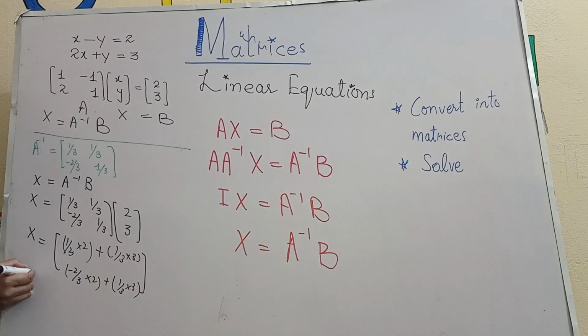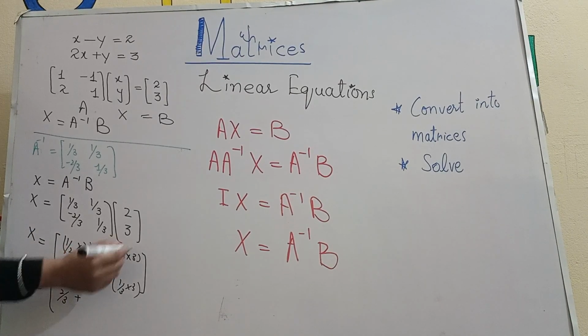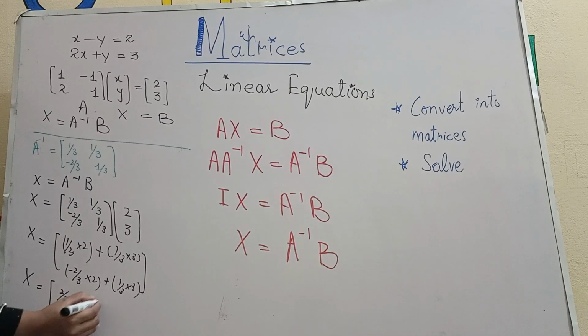So let's calculate. We have here 2 multiplied by 1, it's 2 by 3 plus 3 by 3, and here we have 2 twos are 4, minus 4 by 3 plus 1 by 3.